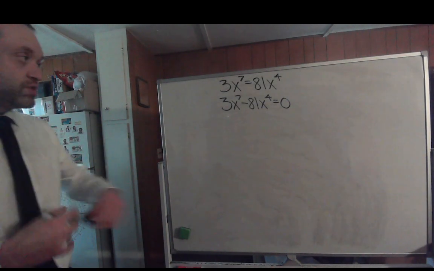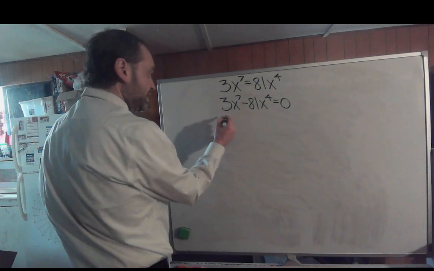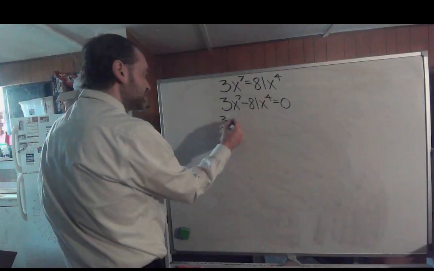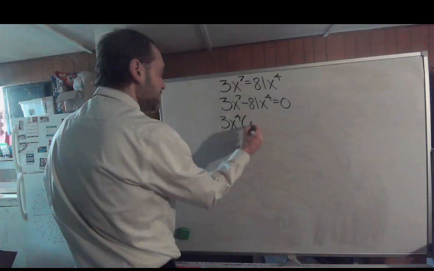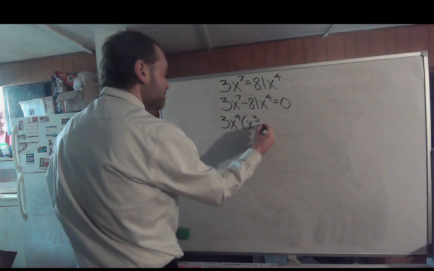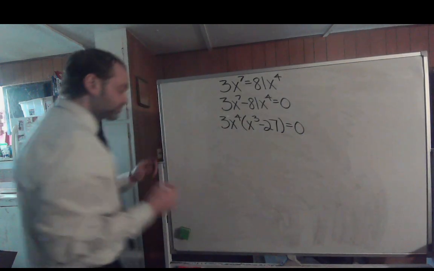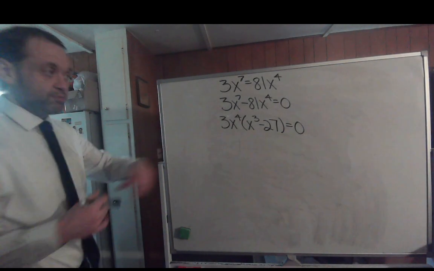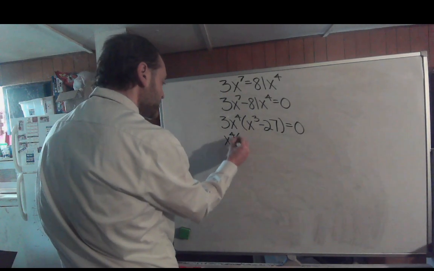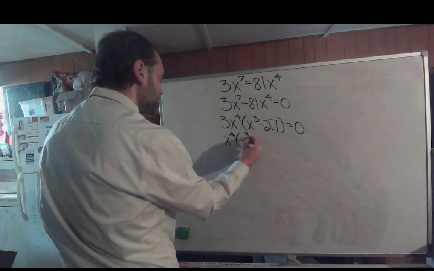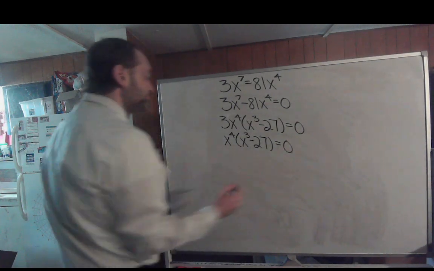What can we factor out between both terms? There's a common 3x to the 4th, right? So we can factor out 3x to the 4th. You'll get that times the quantity of x cubed minus 27 equal to 0. Well, you can divide both sides by 3, which will leave you with x to the 4th times the quantity of x cubed minus 27 equal to 0.